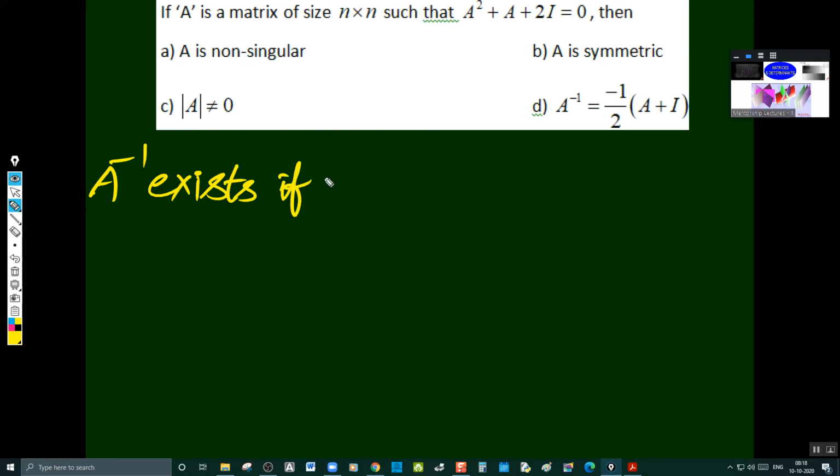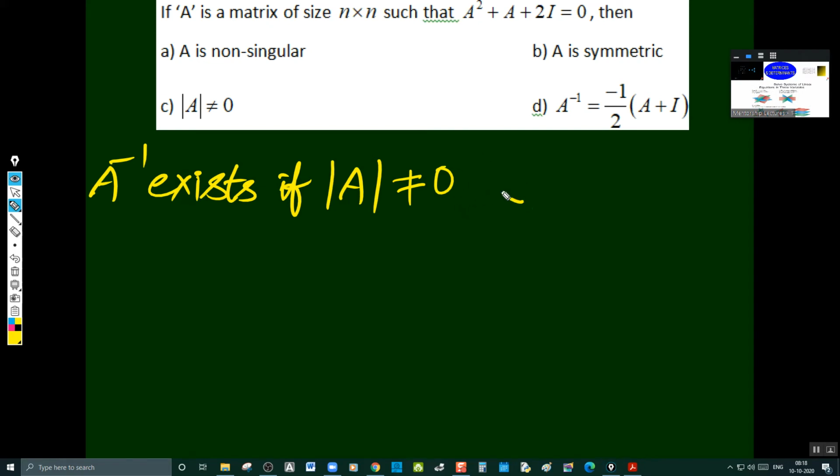What is a non-singular matrix again? If the determinant of any matrix is 0, we call it a singular matrix. If the determinant is non-zero, we call it a non-singular matrix. And A inverse exists only when the determinant of the matrix is non-zero.